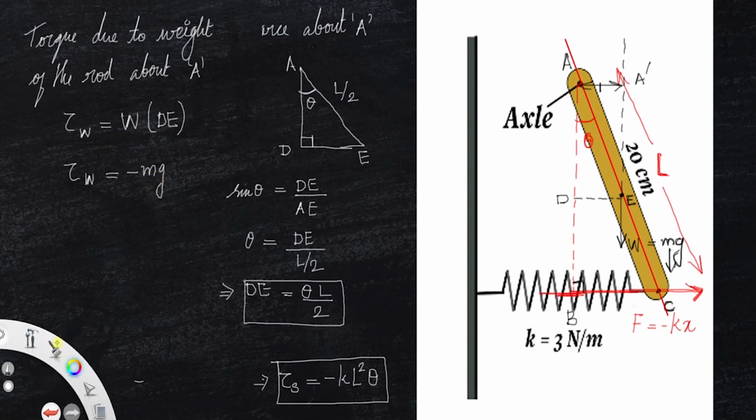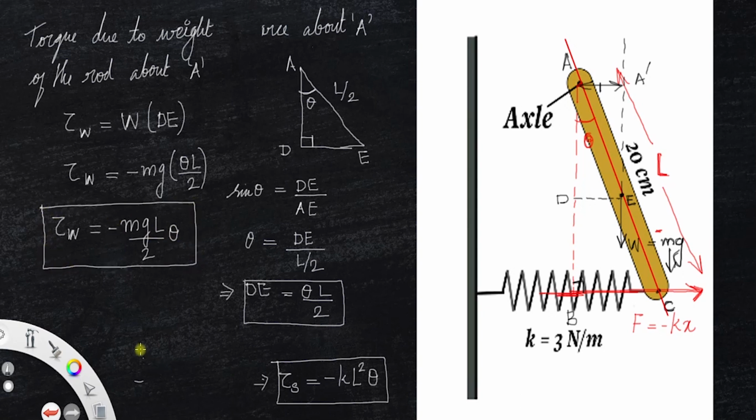Here it is actually minus mg into DE. You can put DE as theta L divided by 2. Now you can rearrange the quantities and write this as minus mg L by 2 into theta. So this is the expression for the torque due to weight.